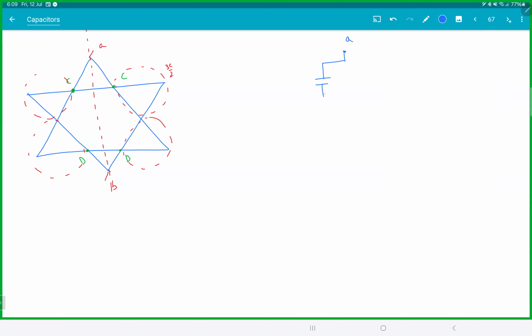So we have one capacitor. So C, 3C by 2. This is how it looks. This entire triangle here will become 3C by 2. How much is this?